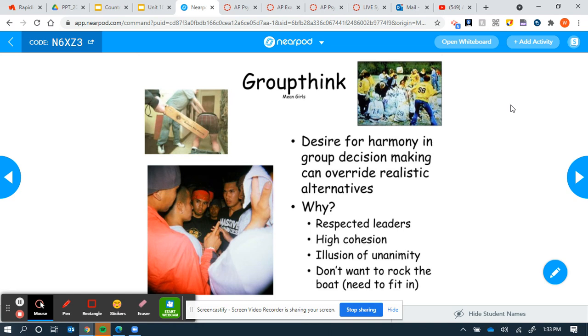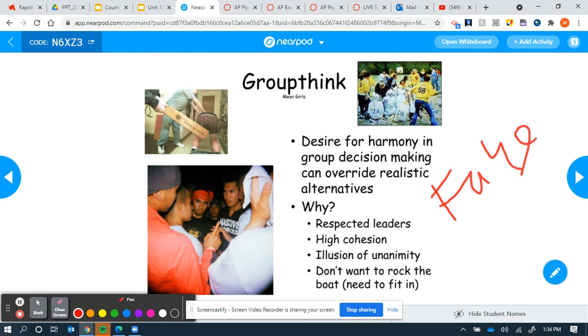incorrect. Because a lot of times what happens in a group is that if there seems to be a consensus, we could call this dealing with false consensus. When there seems to be a consensus, then that can get in the way of somebody trying to think about realistic alternative solutions to something.